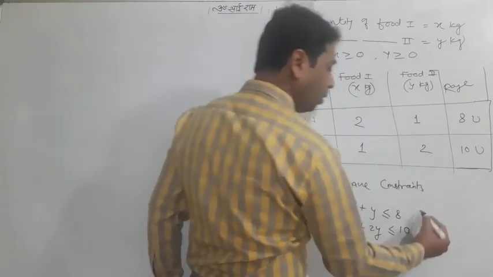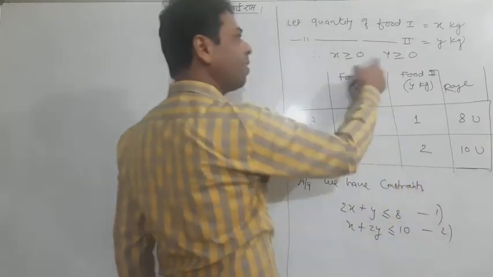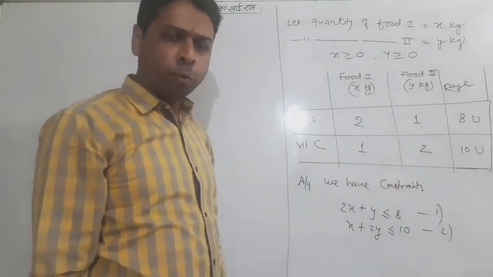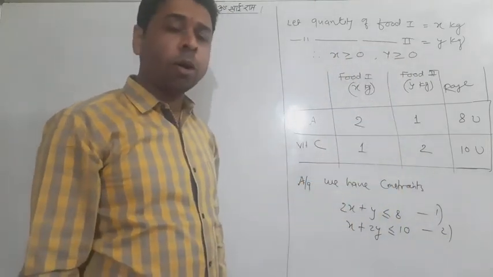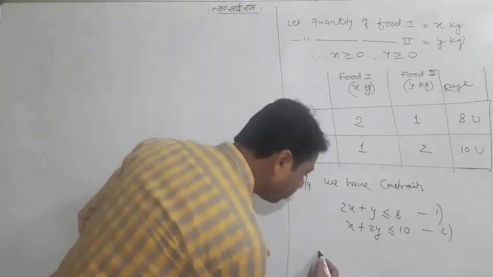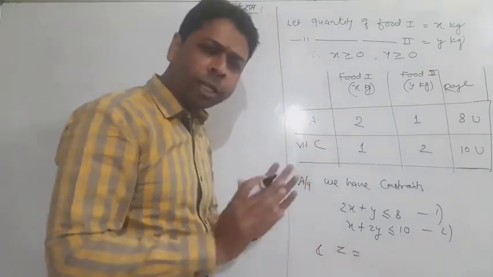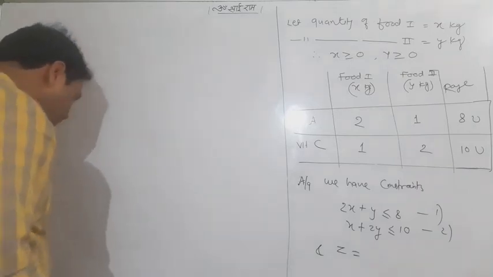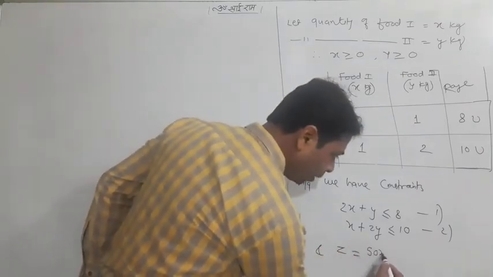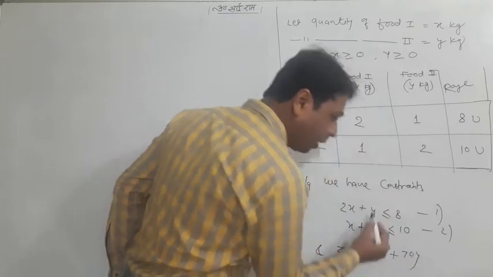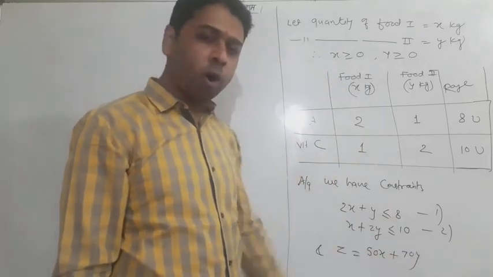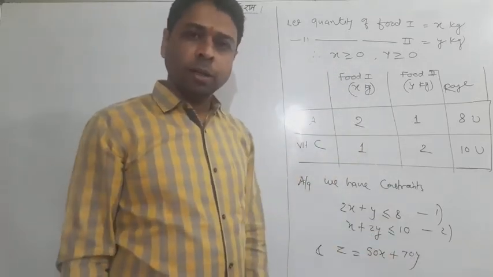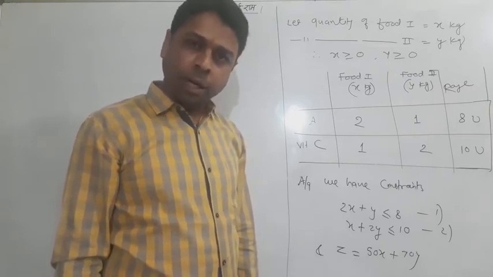So this is first, this is second. These two are very general, so we don't have to put any number on the inequality. And Z you will write without any special explanation: Z equals 50x plus 70y. This is very formal writing, but these should all be correct. If these are all correct, you can understand that the diagram will be right and the answer will be right.